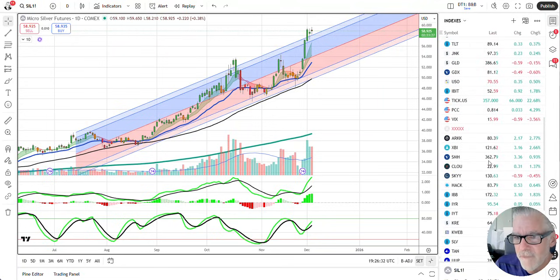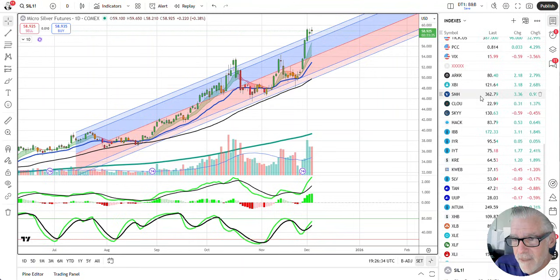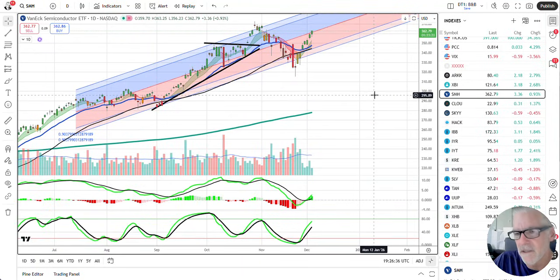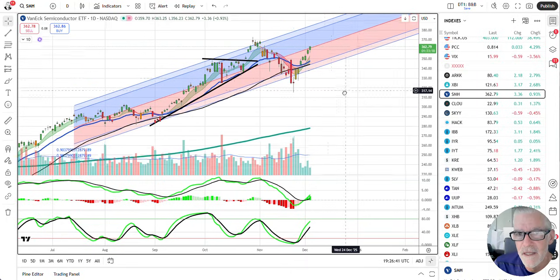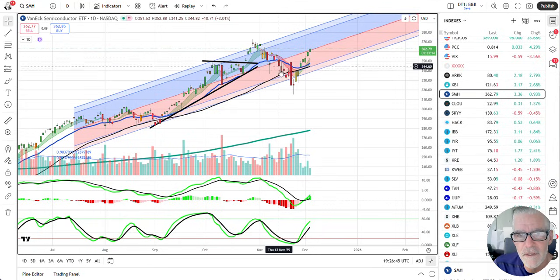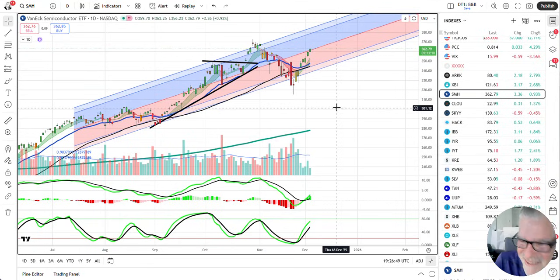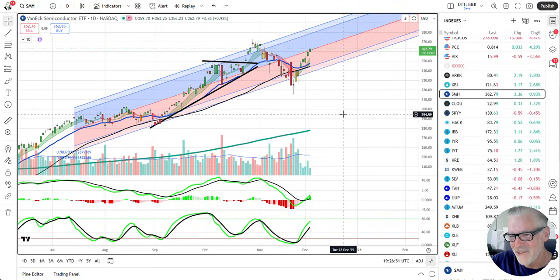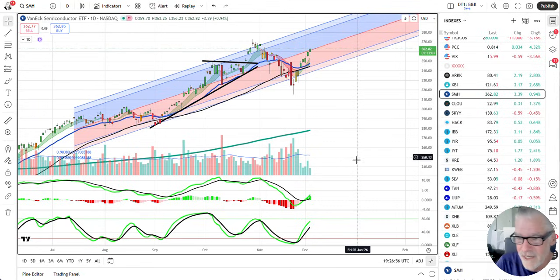Okay, what else? I wanted to look at semiconductors. So it looks a lot like the Nasdaq. Only instead of printing a right shoulder, here's your left shoulder, here's your head, and instead of a right shoulder, it's just going up. It's not turning sideways for a little while to print that little base that we saw. It's just going straight higher, despite some real weakness in NVIDIA and AMD.